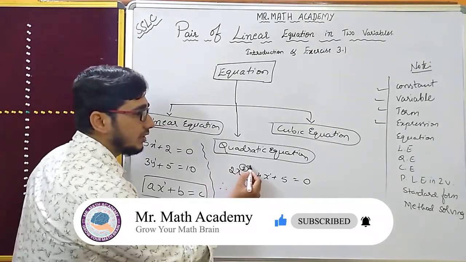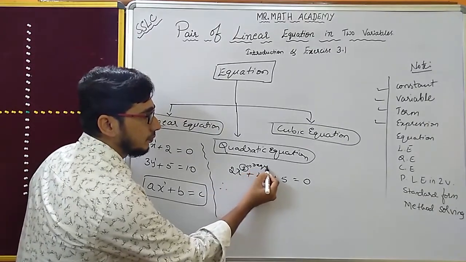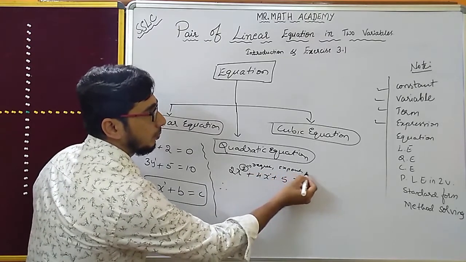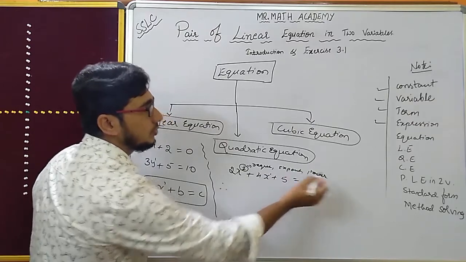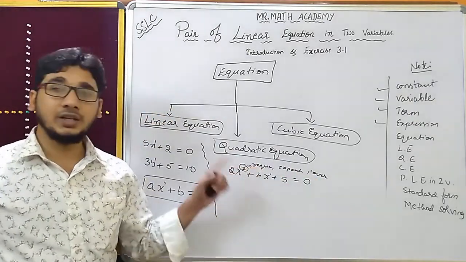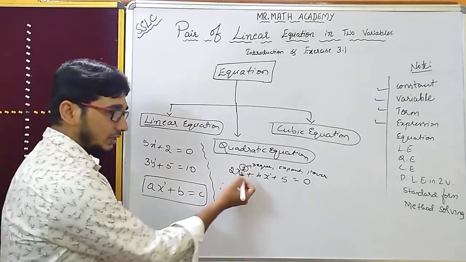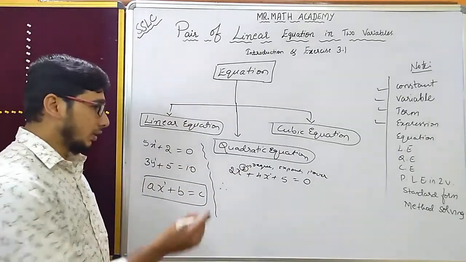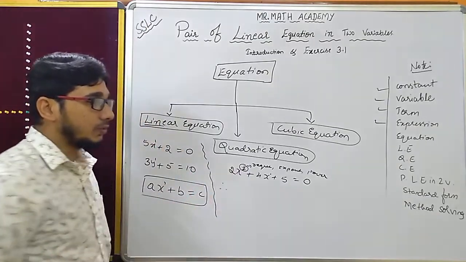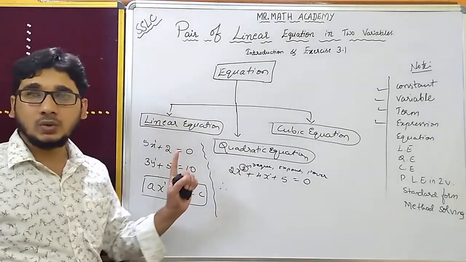And this we call it as degree. Exponent, power, all are similar, they are the same. Degree means highest power. If the highest power on the variable is 1, it is linear. If the highest power is 2, then it is quadratic.